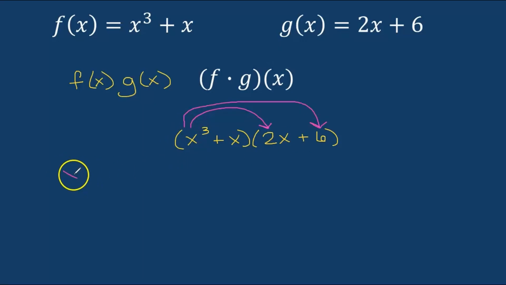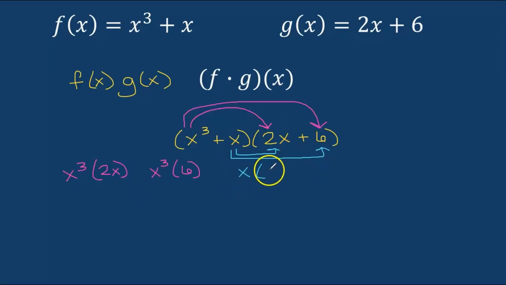So that's going to be x cubed times 2x and x cubed times positive 6. You're then going to take the second term and multiply that times each term in the second binomial. So this is going to be an x times 2x and an x times positive 6.